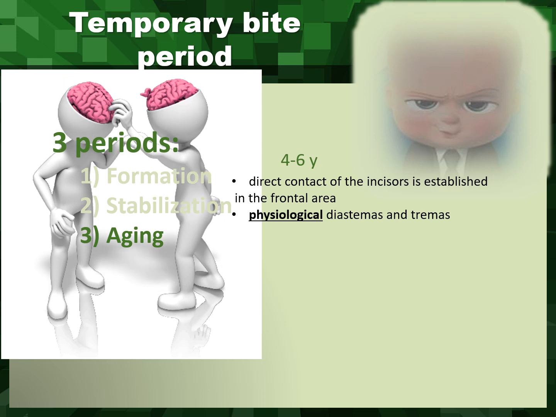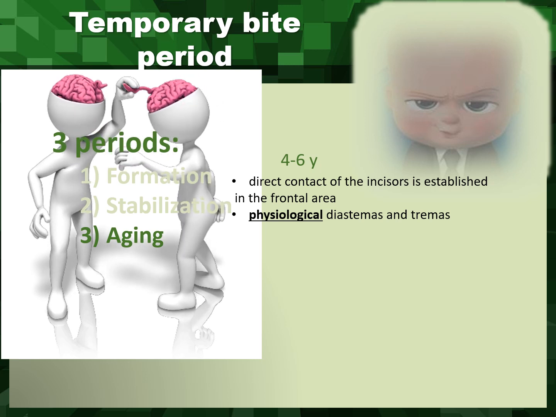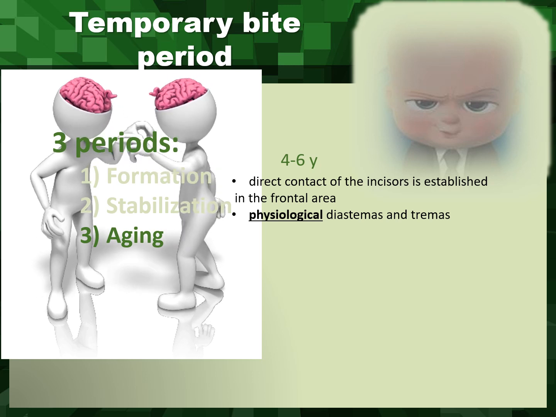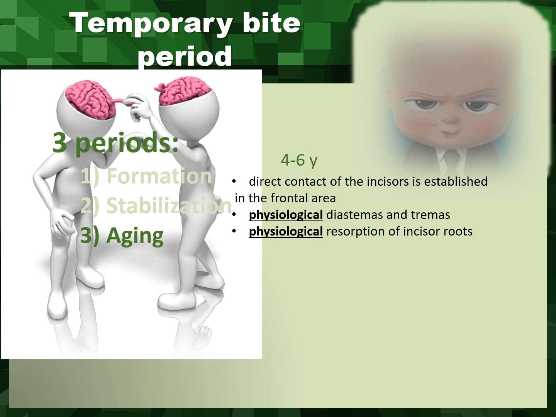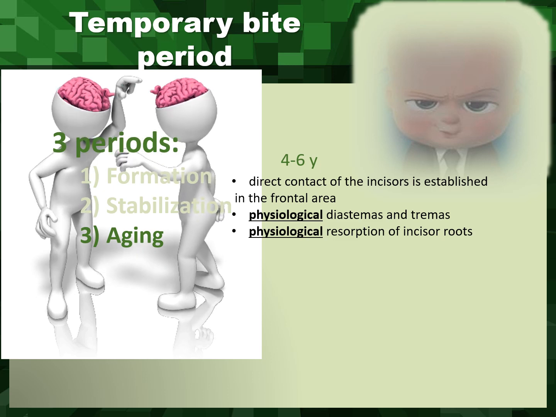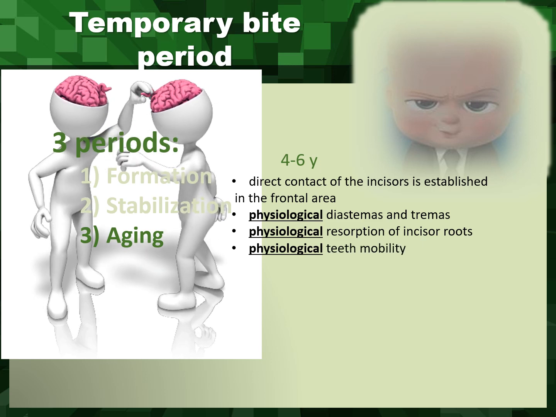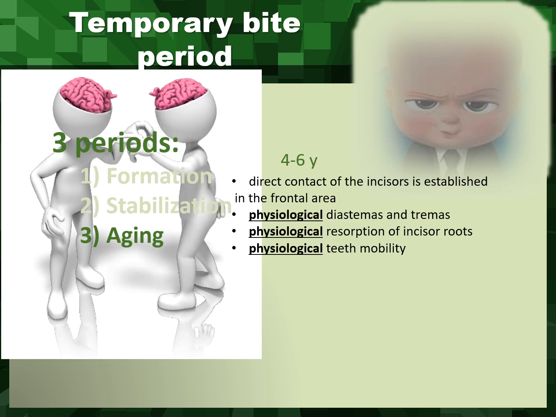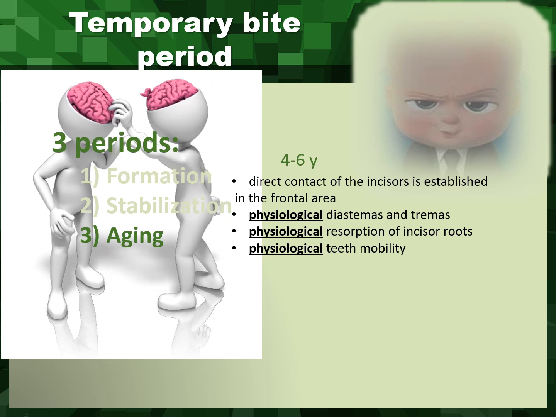First one, physiological diastemas and tremas, gaps between teeth in one dental row. Physiological resorption of incisor roots, and as a result of physiological resorption, during our clinical examination, we will observe physiological teeth mobility.